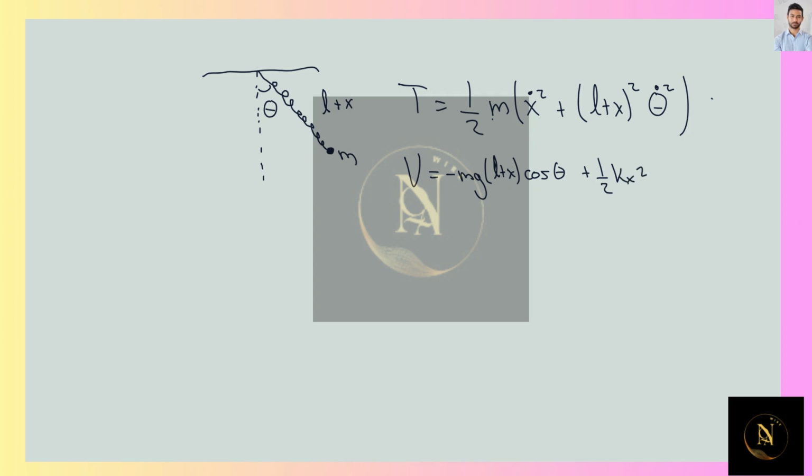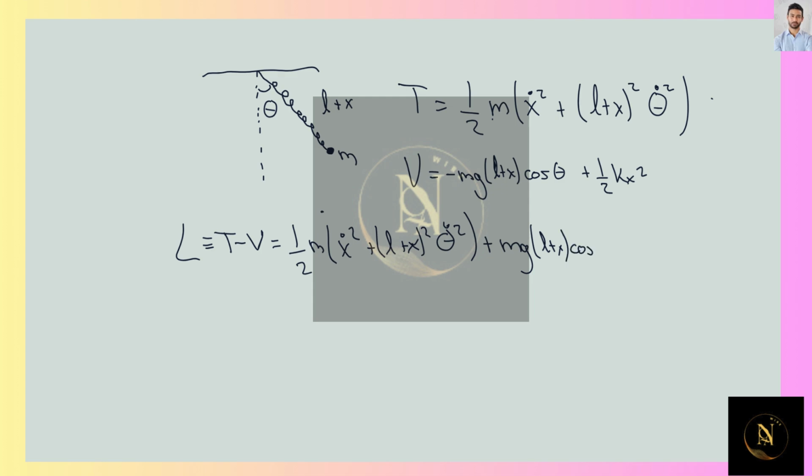With this, my Lagrangian, which is defined as T minus V, is going to become 1/2 of m x dot squared plus (L plus x) squared theta dot squared, plus mg (L plus x) cosine of theta minus 1/2 of kx squared. So this is my Lagrangian for the system.